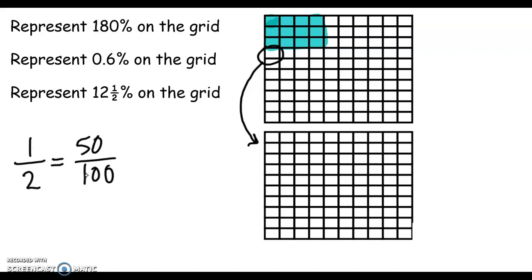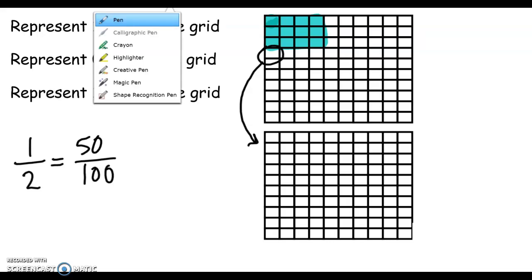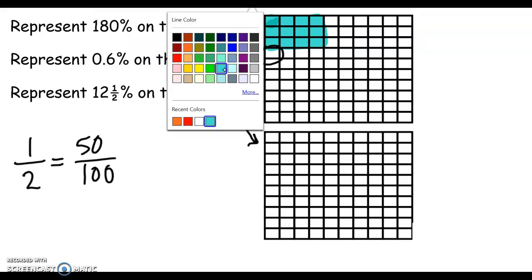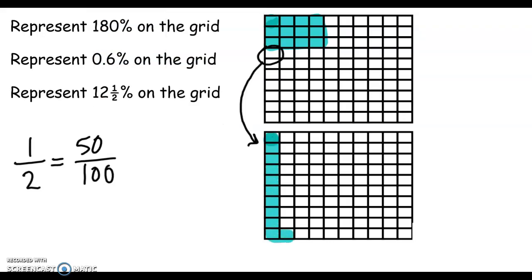This is a half. So it would be 50 of the 100. You can also see it, and let me get the right color here, and draw that in. So half would be 50. There we go, 12.5. Good job with 4.1. You can move on to the assignment.